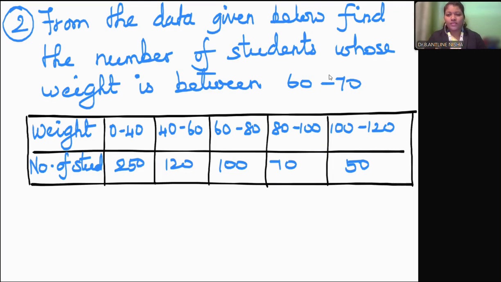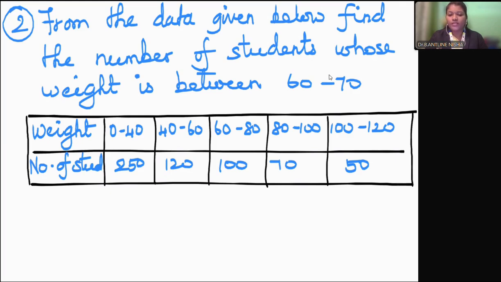The next problem is, from the data given below, find the number of students whose weight is between 60 to 70. See the tabular column. The weights given are 0 to 40, 40 to 60, 60 to 80, 80 to 100 and 100 to 120. It is in continuous form. Therefore, we have to frame a cumulative table.